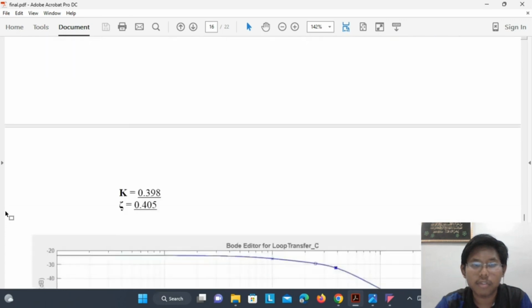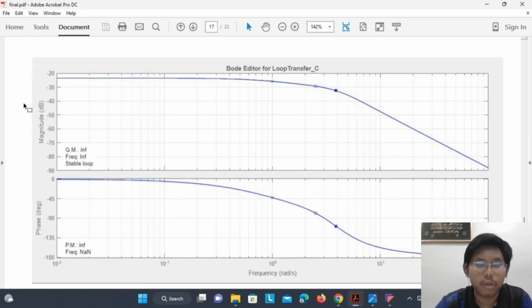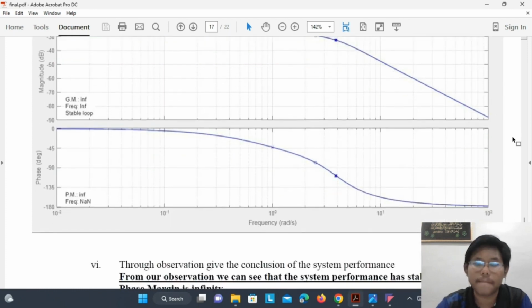And then next, for K equal to 0.398, originally in the question asking for damping ratio of 0.405, we got that the gain margin is infinity and phase margin is infinity. So this is the Bode plot that we got from the MATLAB software.